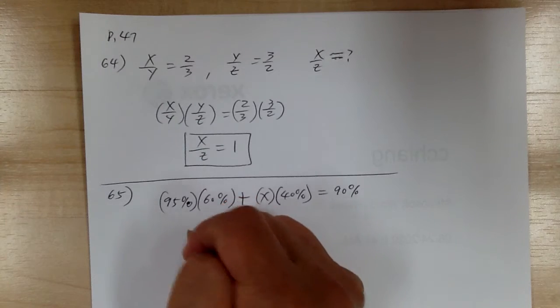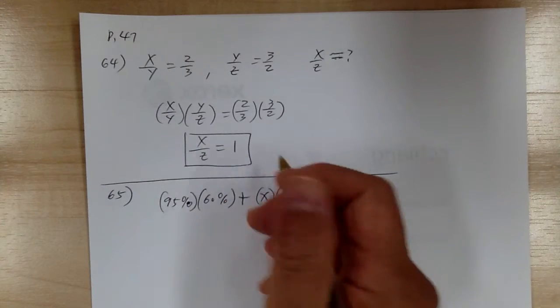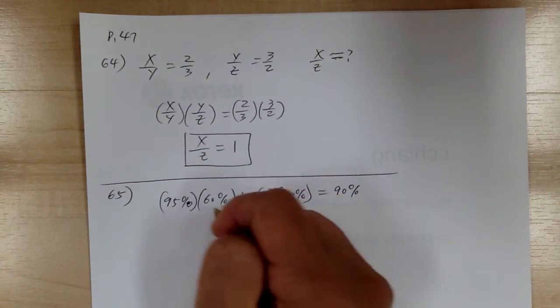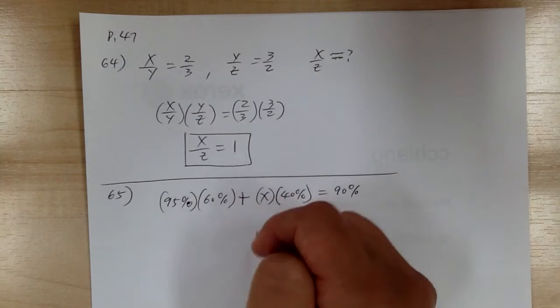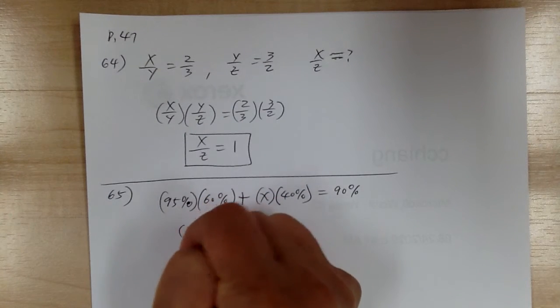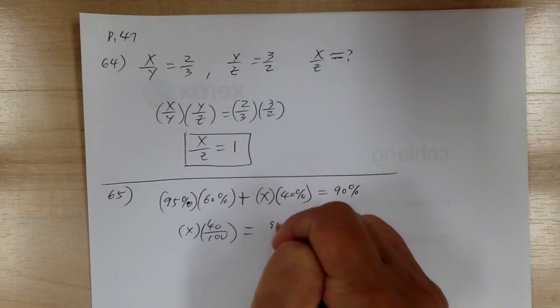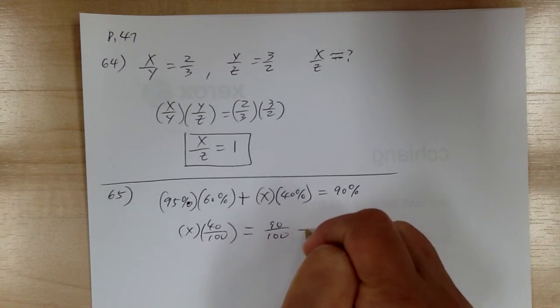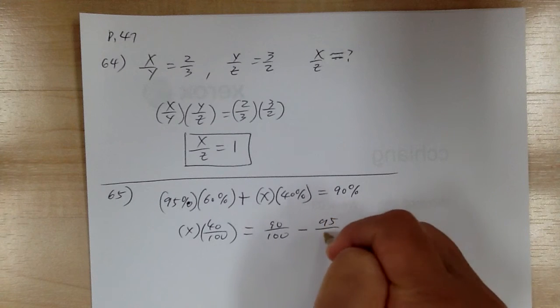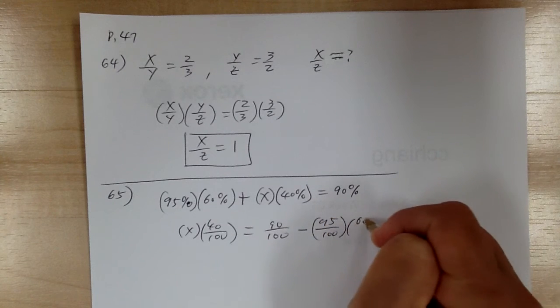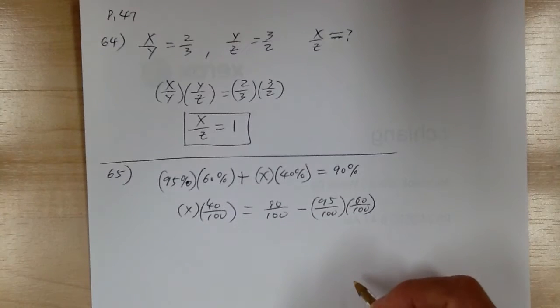So move everything around. So minus this over, so you got x times 40 over 100 equal to 90% minus 95 over 100 times 60 over 100.